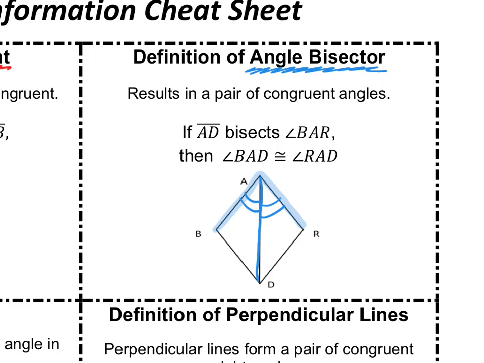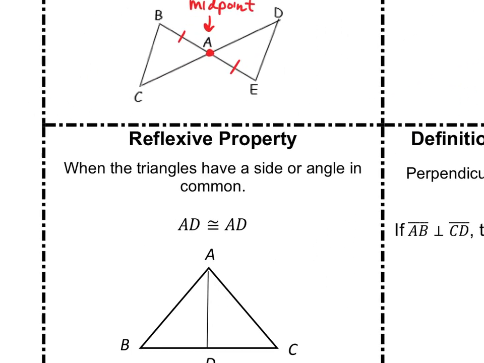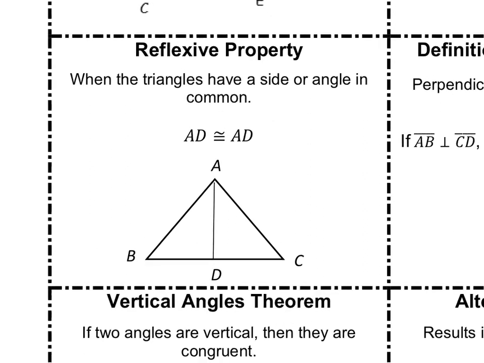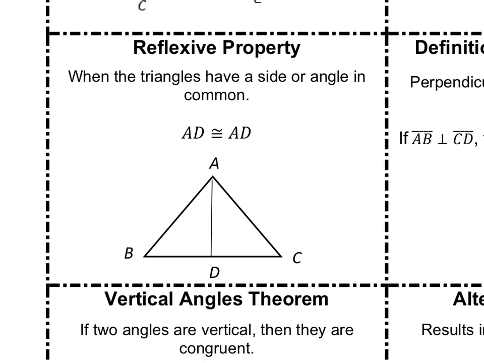Some more hidden information is the reflexive property. Do you see in this triangle that there is actually a shared side? We have the triangle BAD, and we have the triangle DAC. But they share a common side, this side here in the middle.